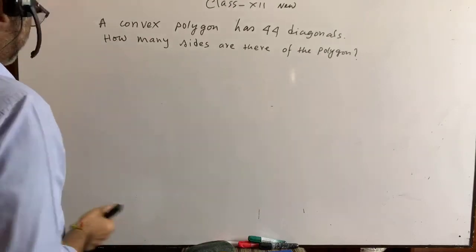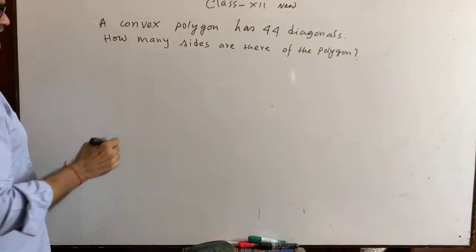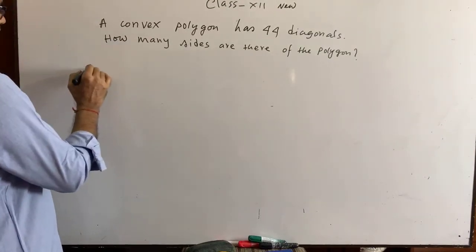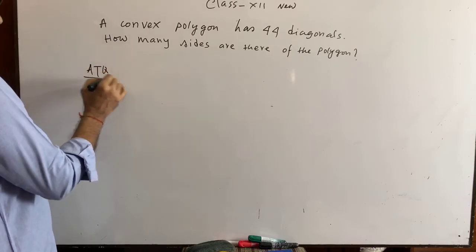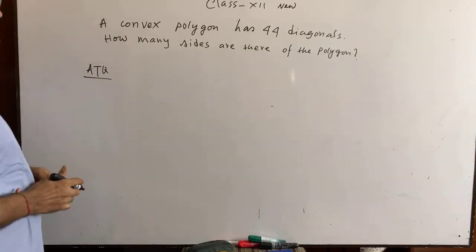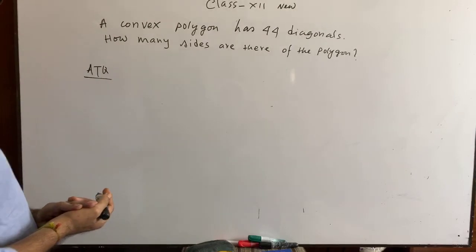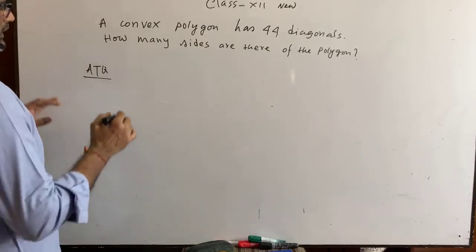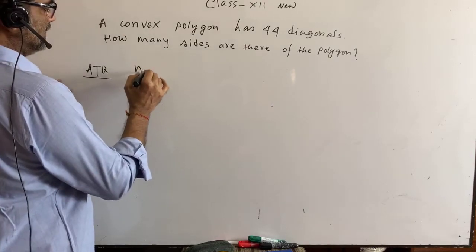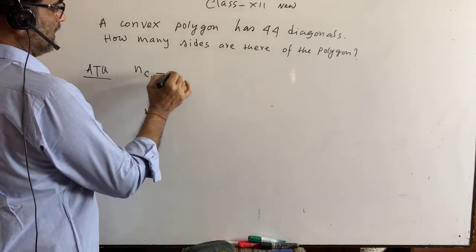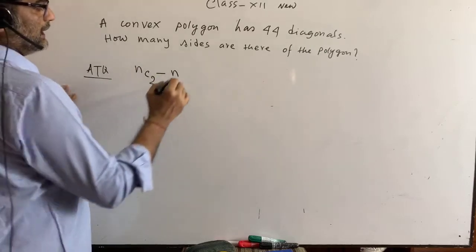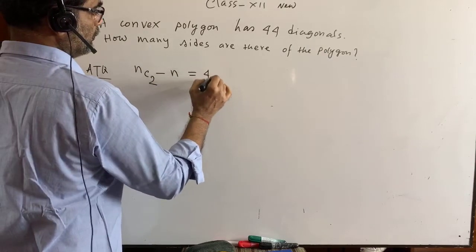Okay, that's good. That means it is given in the question. According to the question, we can write that the number of diagonals of a polygon is nC2 minus n, which is equal to 44.